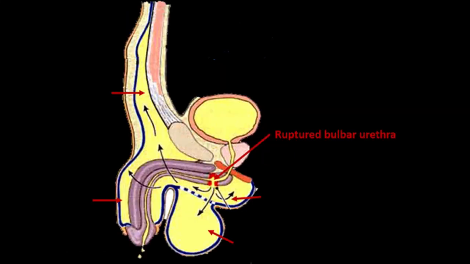Again, rupture of the spongy part of the urethra results in urine passing from the urethra into the superficial perineal space.